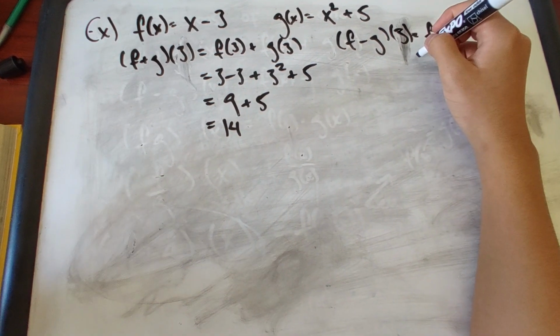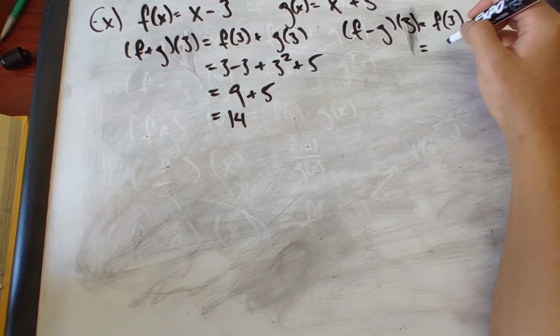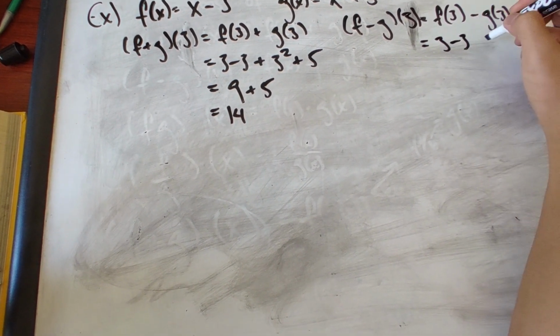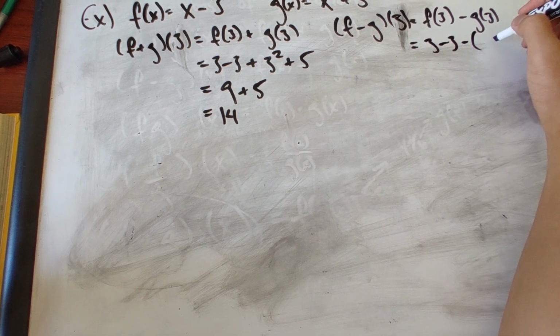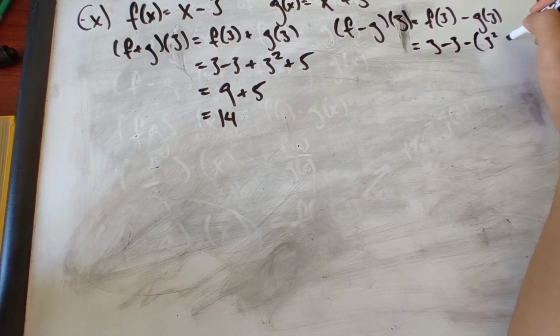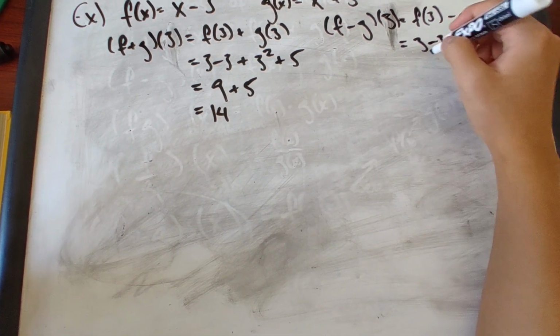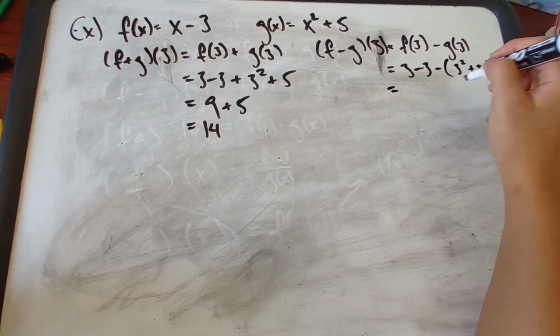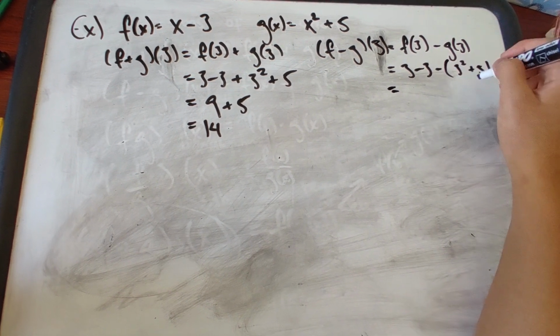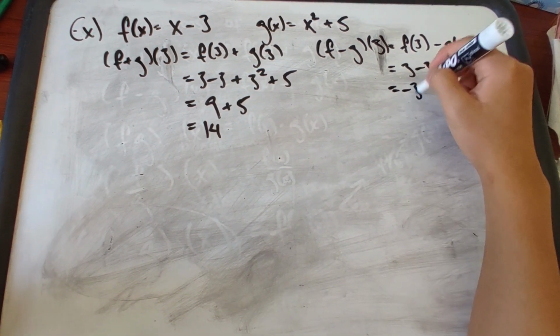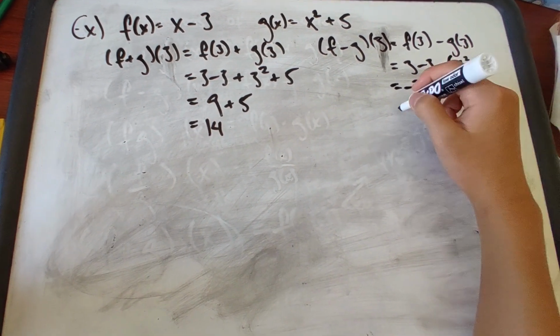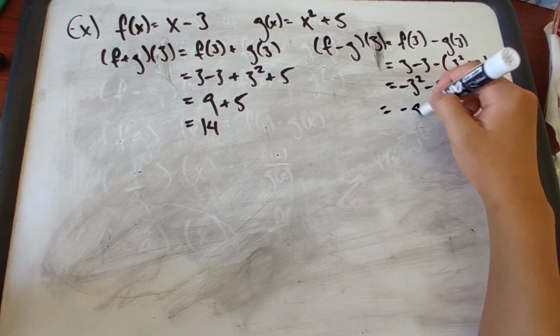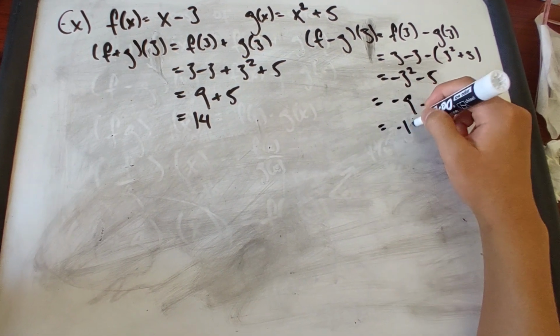And that will give us 3 minus 3 minus the quantity 3 squared plus 5. In this case, the 3 minus 3 also cancels out. But over here, you have to distribute the negative. So it'll be negative 3 squared minus 5. And that'll be negative 9 minus 5, which is negative 14.